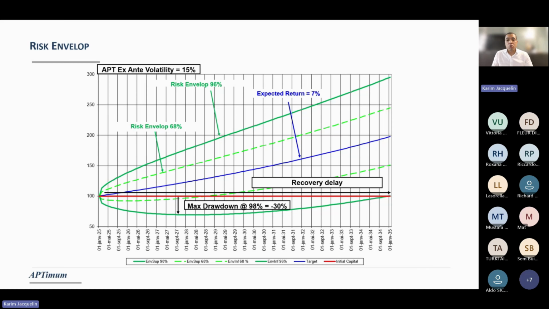So you need to be able to quantify the risk you are taking. And more than that, you need to be able to understand and to manage the risk of your portfolio. So this is why we are providing you with some risk reports so that you can quantify the risk, analyze it, be able to decompose it, and to manage it.